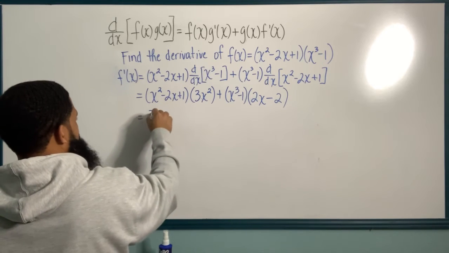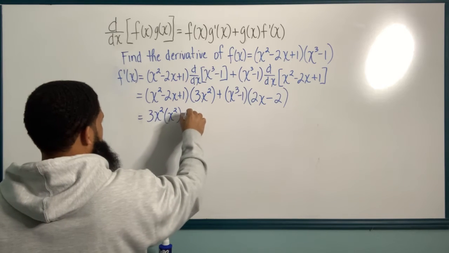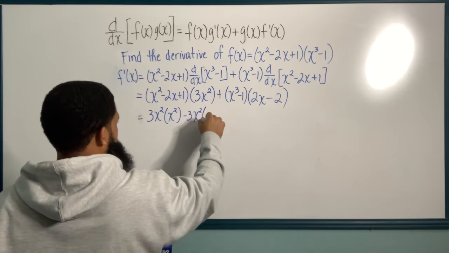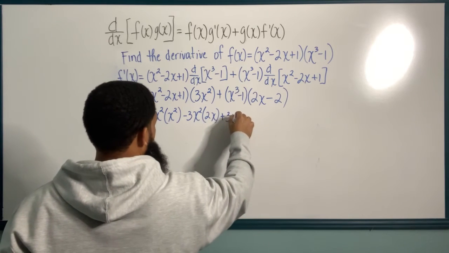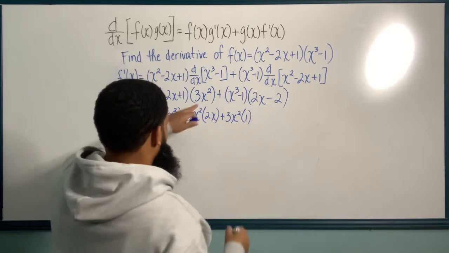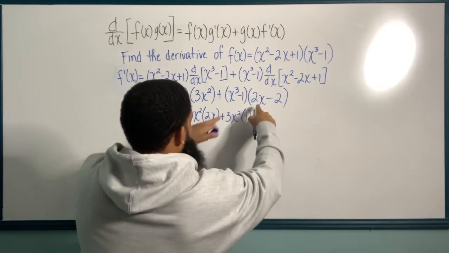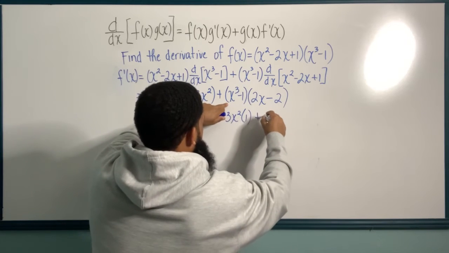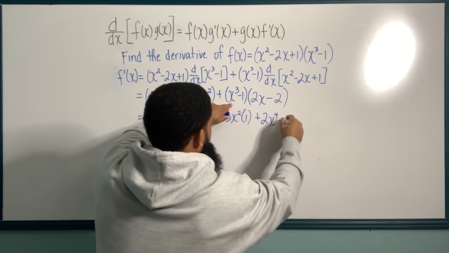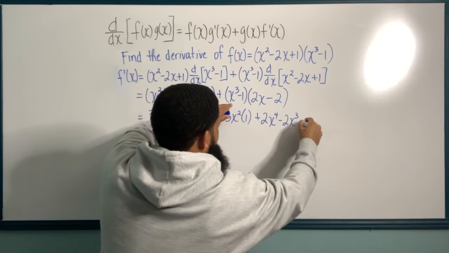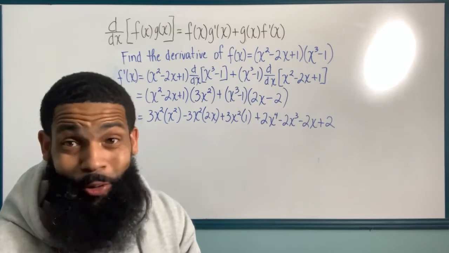So we're going to say 3x squared times x squared minus 3x squared times 2x plus 3x squared times 1. I just distributed this to those three terms, all right? Then now we're going to say plus, we're going to multiply these two. So x cubed times 2x gives me 2x to the 4th power, minus 2x cubed, minus 2x, plus 2. It's long, but all you got to do is simplify now.